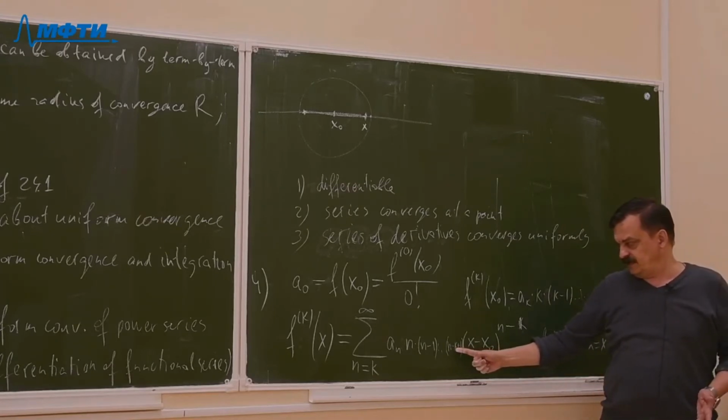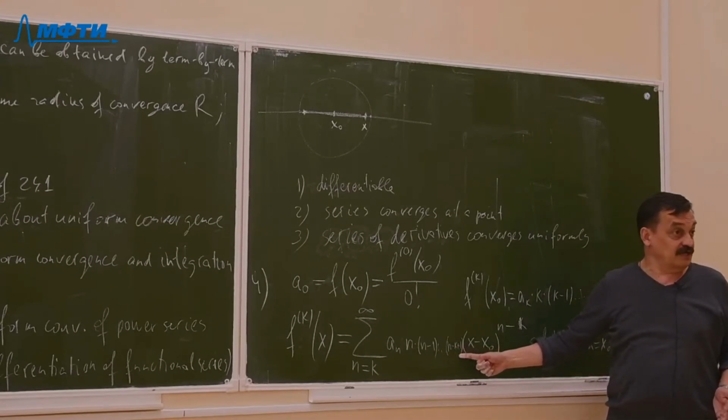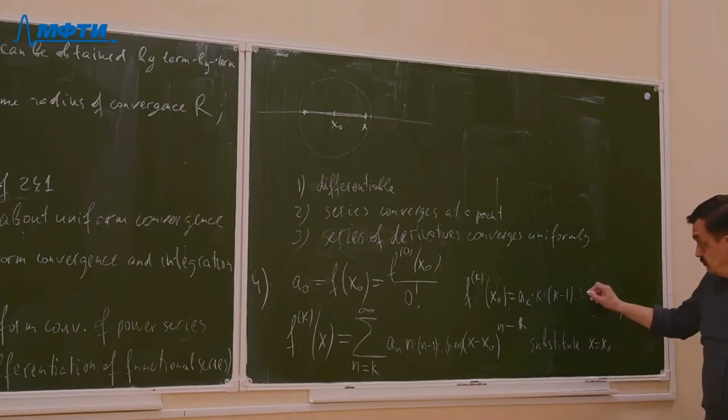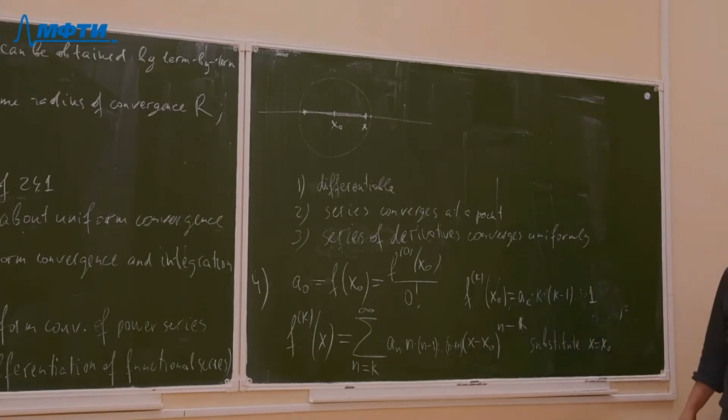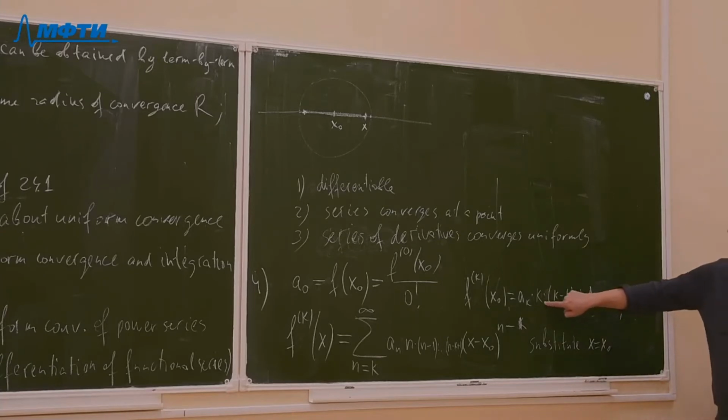If n equals k, the very last multiplier is 1, right? And what is this product? All naturals from 1 up to k.